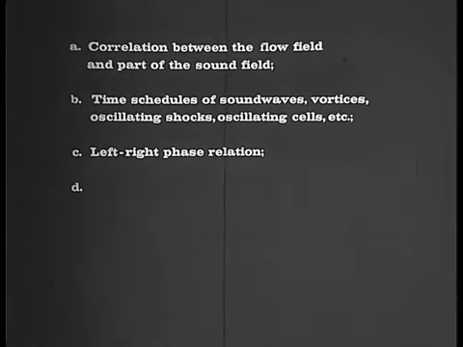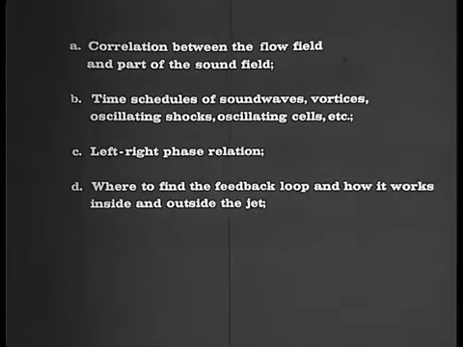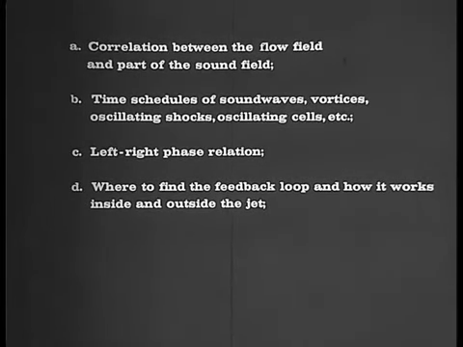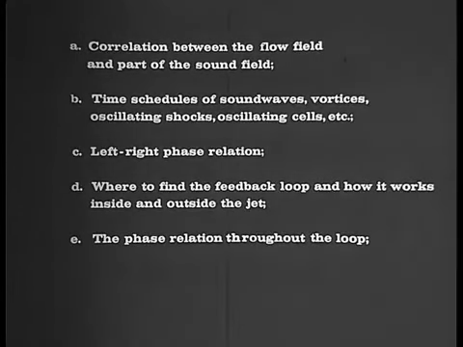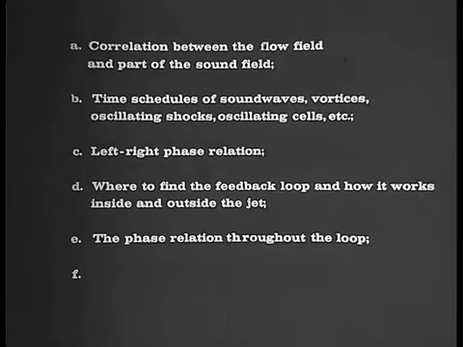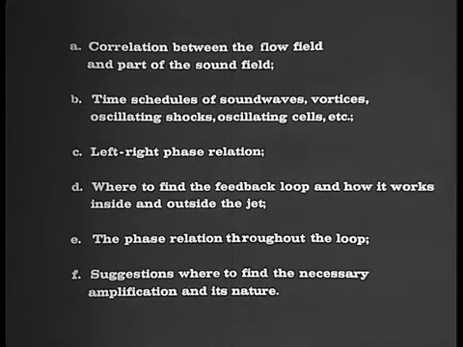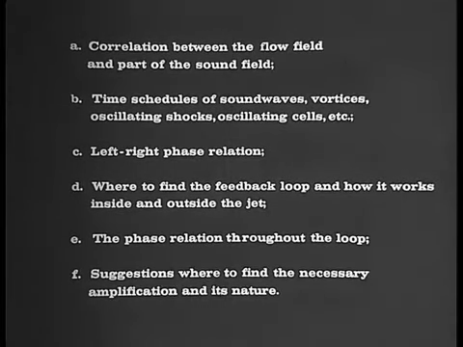D, where to find the feedback loop and how it works inside and outside the jet. E, the phase relation throughout the loop. And F, suggestions where to find the necessary amplification and its nature.